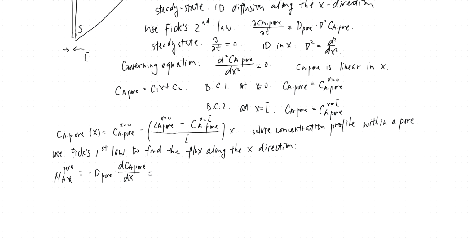Then it gives you the pore diffusion coefficient multiplied by CA at x equal to 0 minus CA at x equal to L bar, divided by L bar.